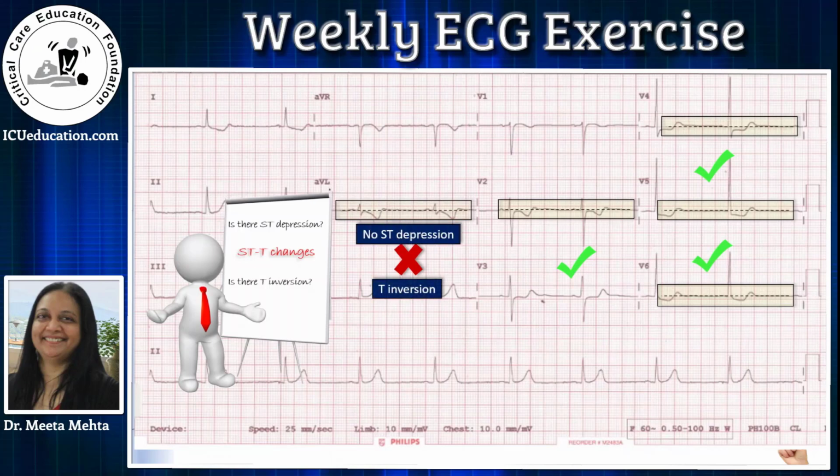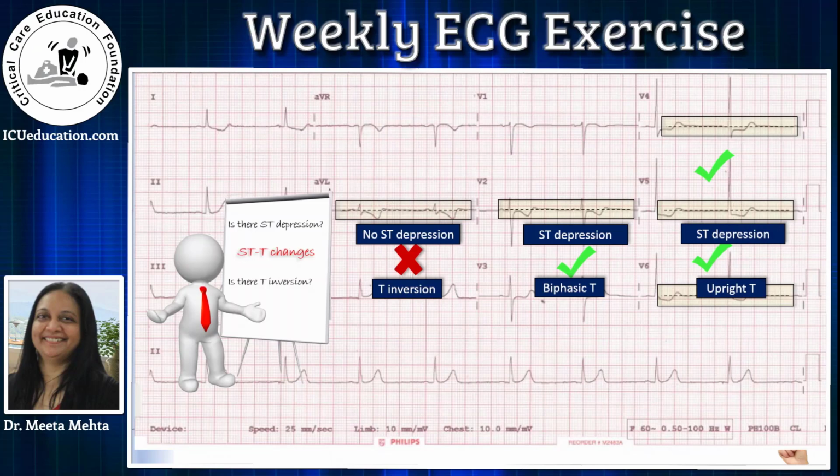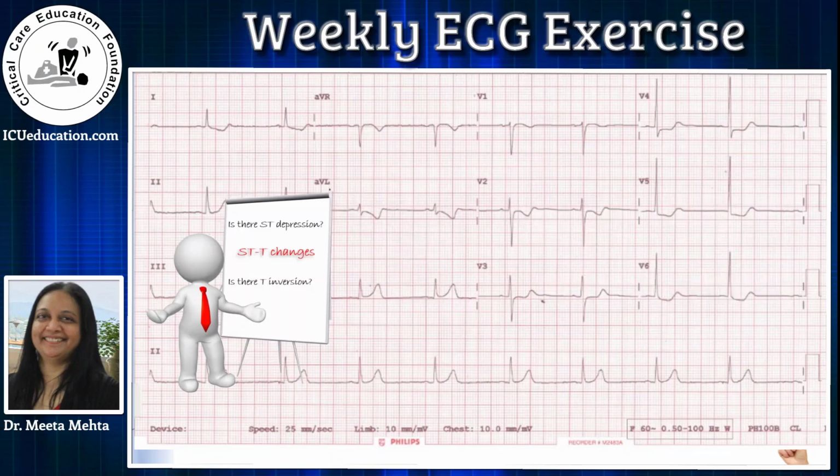Lead V2 has a biphasic T wave and ST depression both, whereas in lead V4, V5 and V6 we have only ST depressions and upright T waves, that means no T wave inversion. So in conclusion, we have T inversion in lead AVL, ST depressions in V4, V5, V6, but both STT changes means both ST depression and T inversion in lead V2.